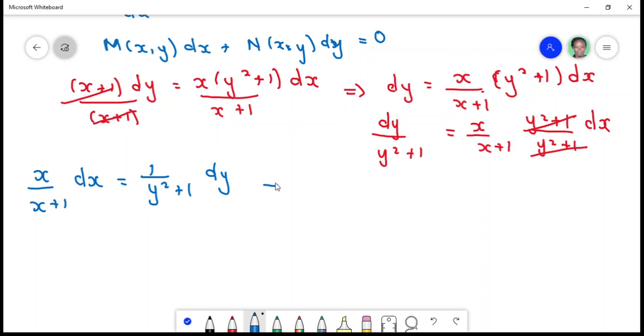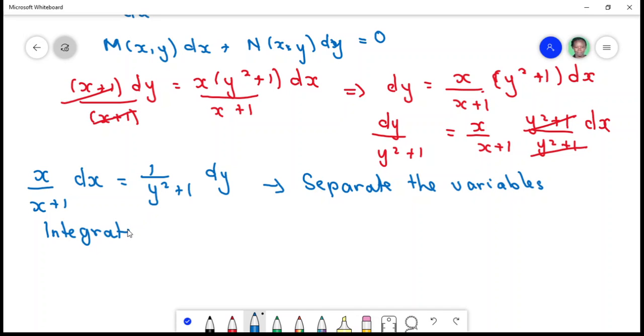Very good. This is what we have been able to do: separate the variables. Now that we have separated the variables, we can find the solution by taking the integral on both sides. So let's integrate both sides.